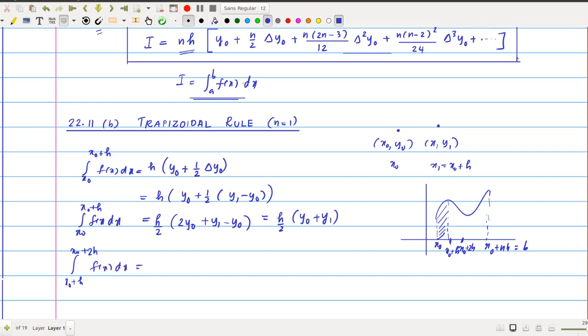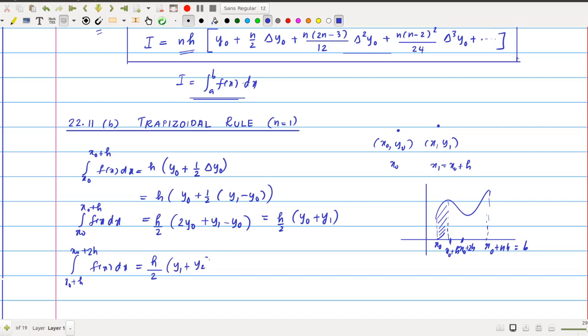In order to evaluate this integral, we again use the same formula, because n is 1 here. This is x0 plus h, this is x0 plus 2h, so h to 2h is the change here, so n is equal to 1. So we will use the same formula. Without evaluating all this, I write h by 2 times y1 plus y2.